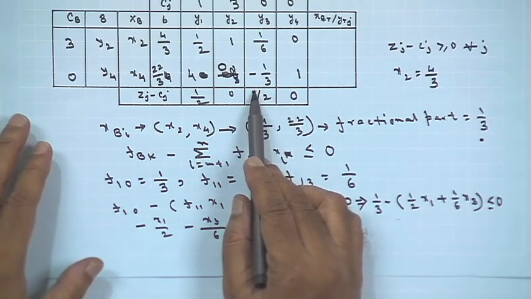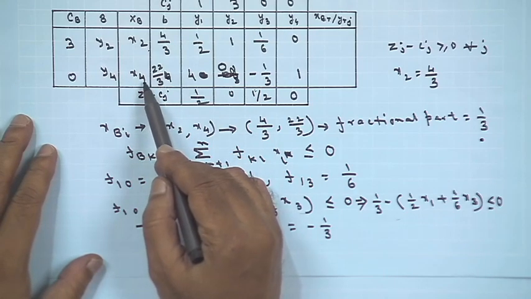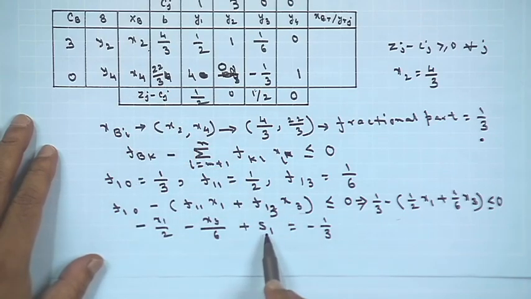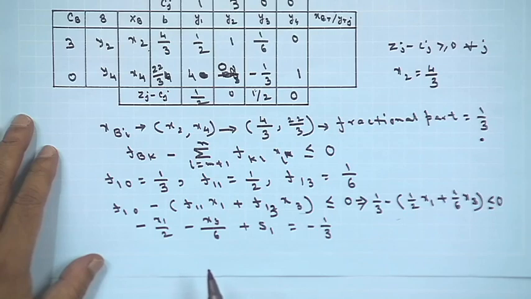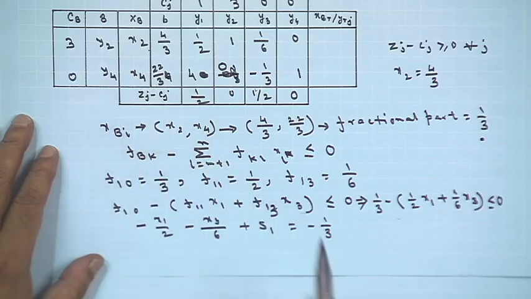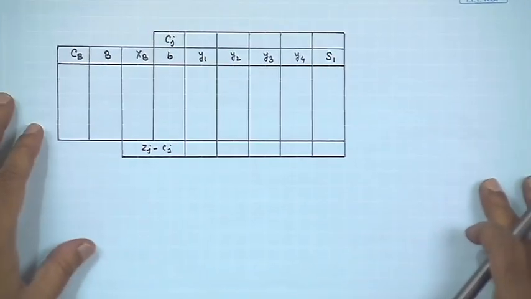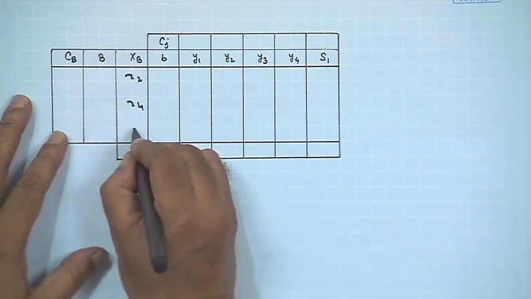Already you have only two variables in the basis, x2 and x4. Now, one more basic variable, S1, will be added over here, and this row also will be added. So, the next simplex table will contain three basic variables: x2 and x4, the earlier ones, and the new one, S1. So, we are constructing the new table which will contain x2, x4 and S1.